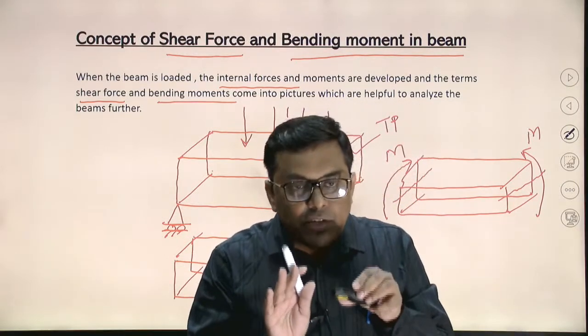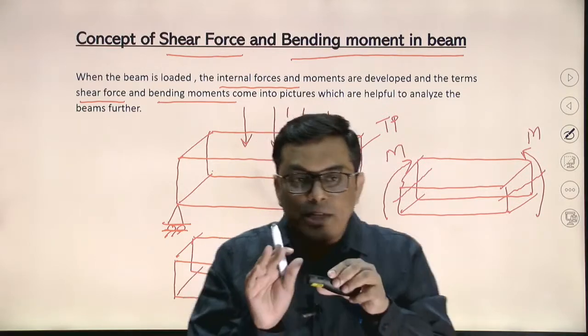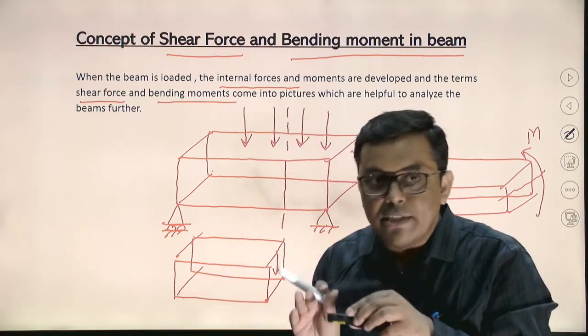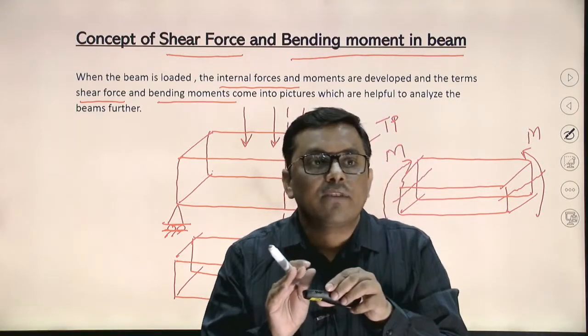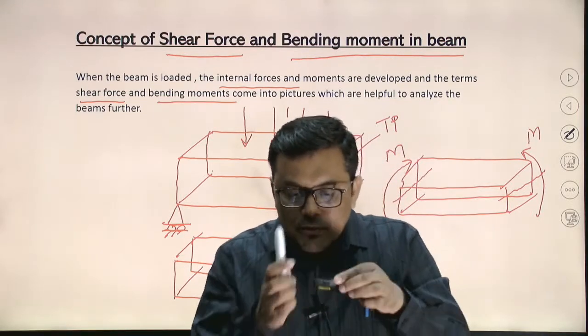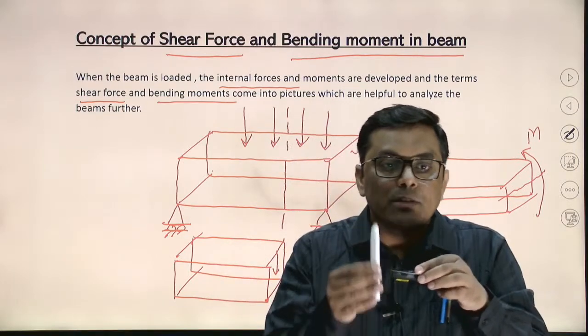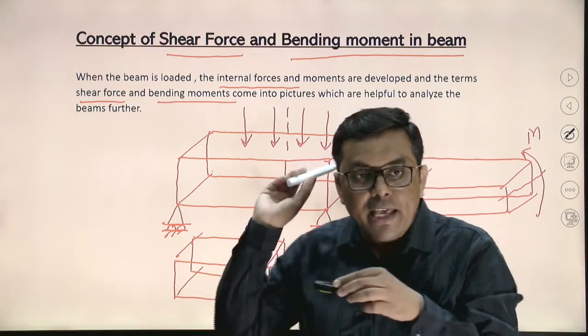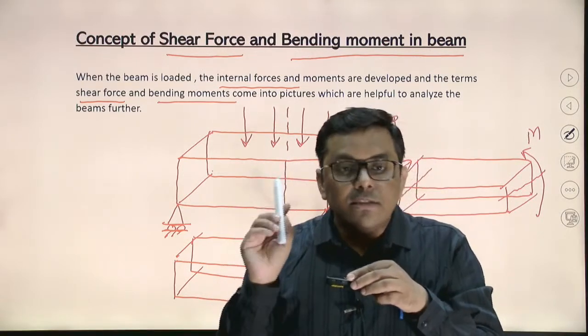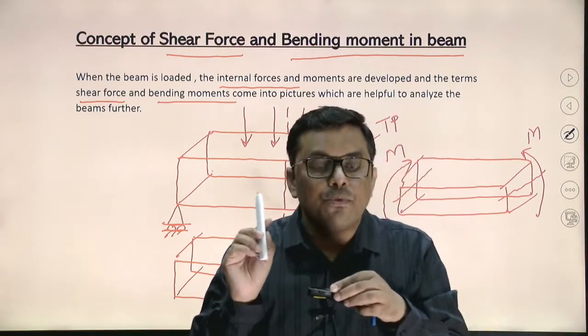These are the external causes, which have to be resisted by the beam material or beam cross section. So the forces which are parallel to the transverse plane, resisting the effect produced by external causes, are known as shear force.